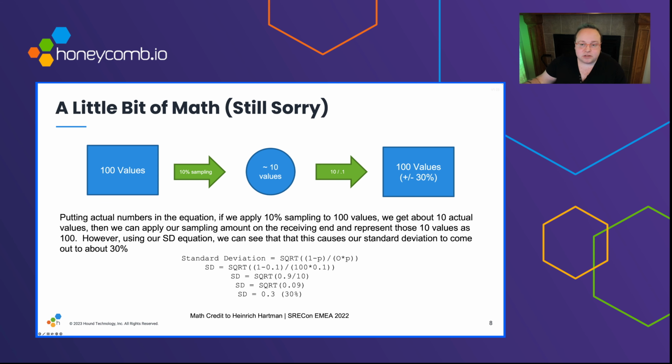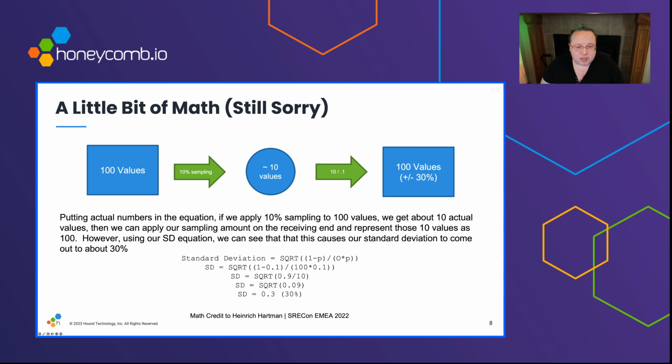And at the end, we're going to have 100 values. But those 100 values are really represented by 10 real bits of data, real traces. If we run this through our equation, we're seeing a pretty high margin of error, 30%. And that's really not sustainable.